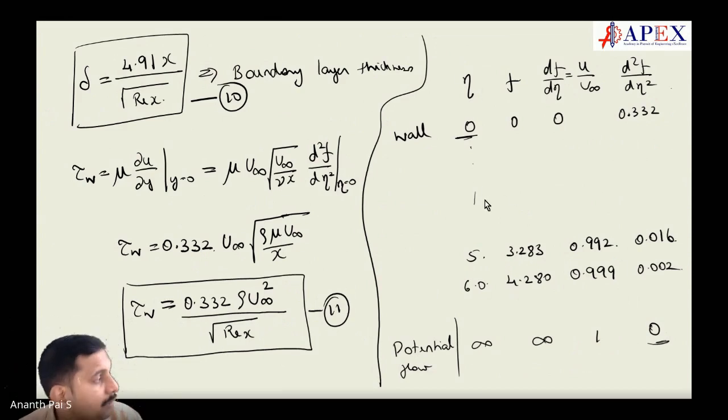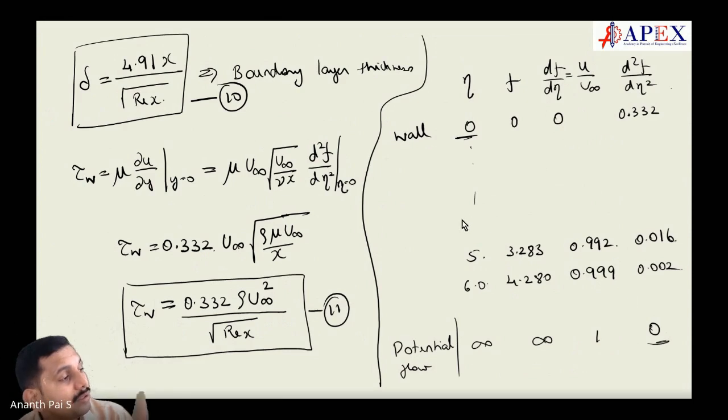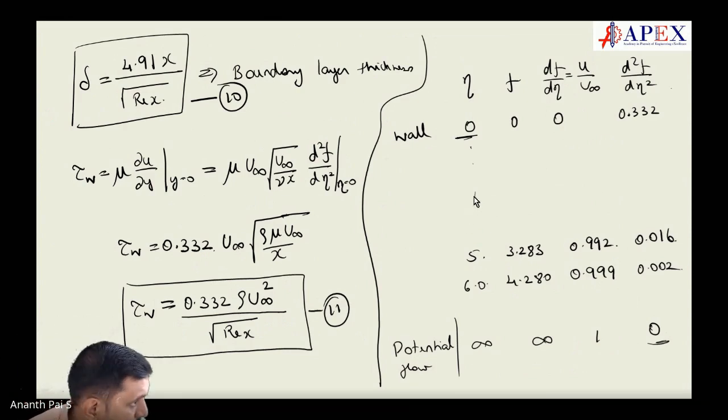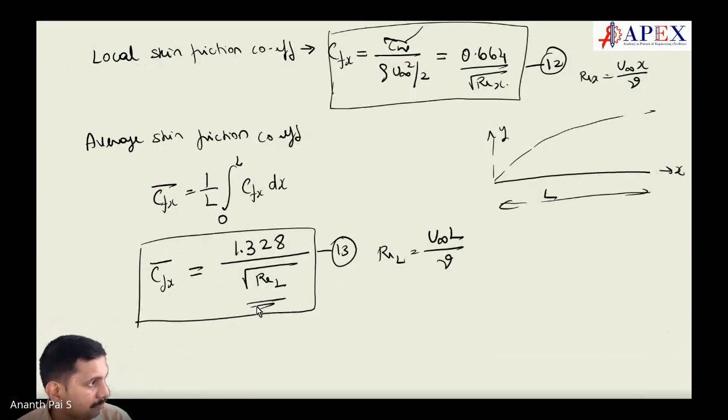The same Blasius equation solution is applicable for heat transfer also, convective heat transfer in the thermal boundary layer. Make sense? So these are the things which we have done in our fluid mechanics.